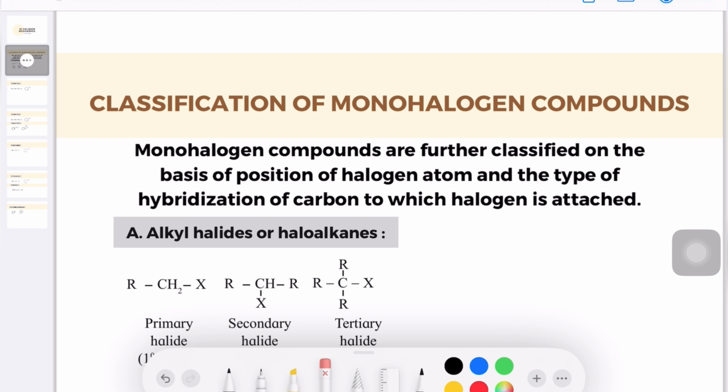Okay, first point is alkyl halides or the haloalkanes. In alkyl halides or haloalkanes, the halogen atom is bonded to an sp3 hybridized carbon atom, which is a part of a saturated carbon skeleton. Alkyl halides may be primary, secondary or tertiary depending upon the substitution state of the carbon to which the halogen atom is attached.